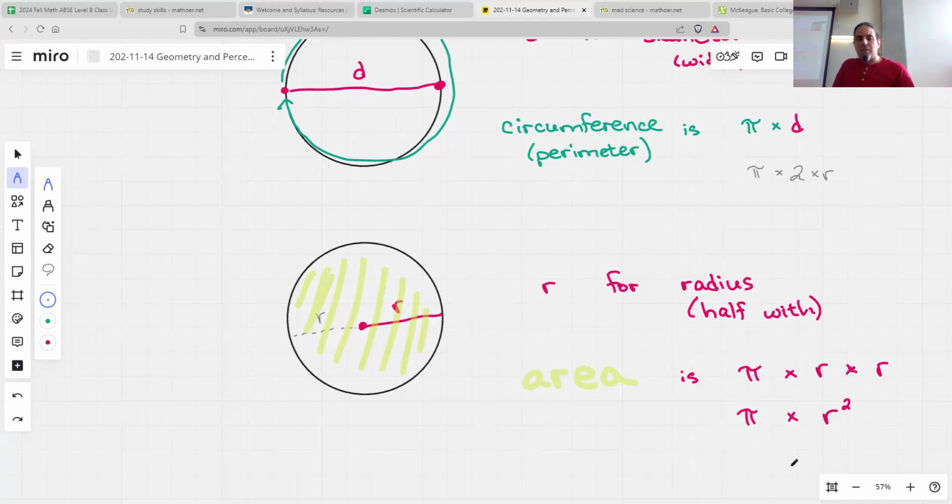So my advice is to ignore that and think about one equation that has pi times diameter and the other equation that has pi times r times r.